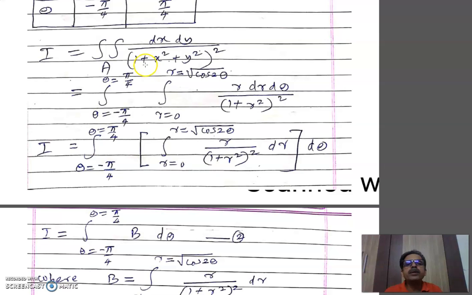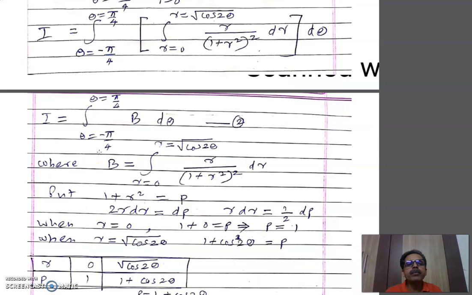So I told you, convert this integral into a polar double integral. Convert the integrand into r and theta, and put the limits of r and the limits of theta. As I told you, always integrate first with respect to r, keeping theta constant, and then with respect to theta. Now to evaluate this bracket, we take this bracket as B, and we will calculate the value of B separately.